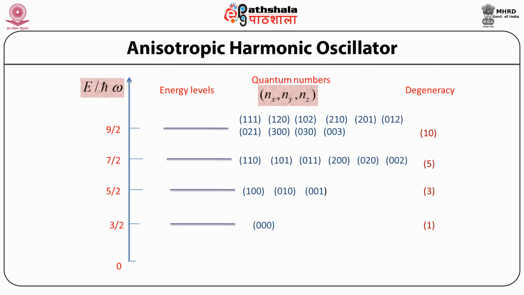So the total set of numbers which defines the quantum states are 10. So these 10 quantum states give the same energy 9 by 2 h bar omega. So the total degeneracy is 10. Similarly for higher and higher energy levels.